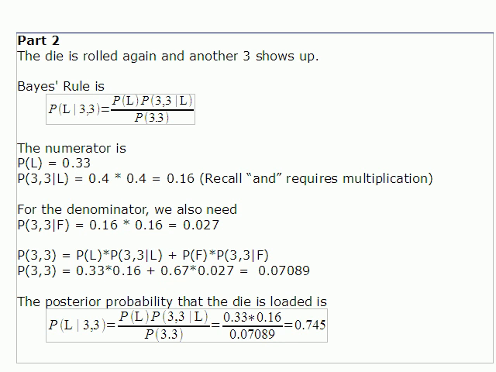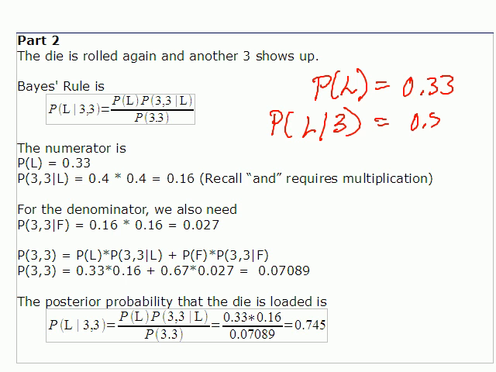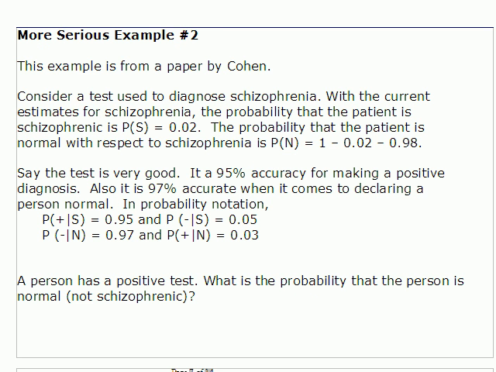Before I had any data at all, before I rolled the dice, the probability that it was loaded was 0.33. Then I roll a 3. What's the probability that I got a loaded one given that a 3 has just turned up? That's 0.54. Roll it again and get another 3. You see, and now I've again updated my probability for it.